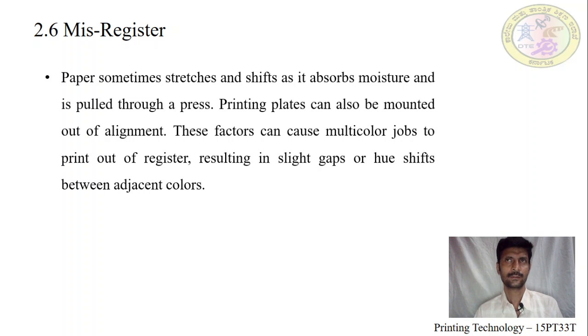During printing, sometimes paper may stretch and shift its overlapping one over the other due to absorption of moisture from the room or environment conditions. Even printing plates can be mounted out of alignment. Due to that, we will not get the registration of the printing colors one over the other during the printing process.